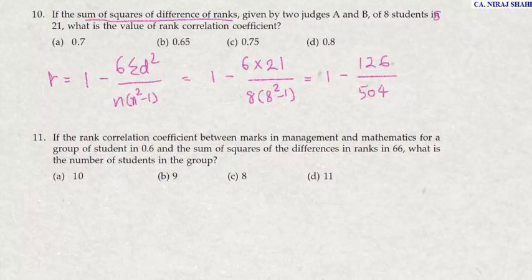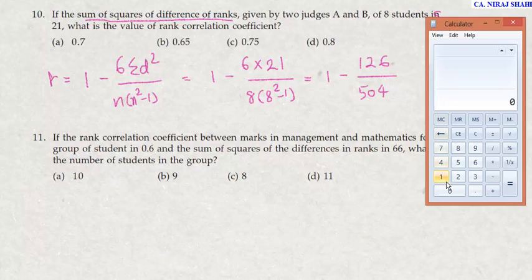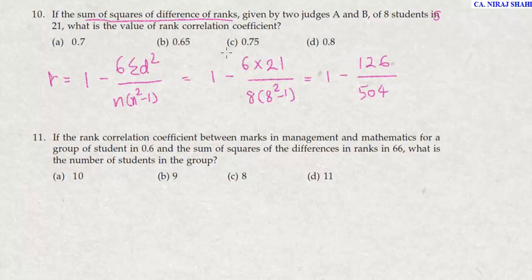So let me just solve it by using calculator. 126 divided by 504 is equal to 0.25, and you deduct 1 from here, then it will become minus 0.75, but we have to change the sign here because we deducted 1 from this answer, so our answer is positive 0.75. So our answer here is C.